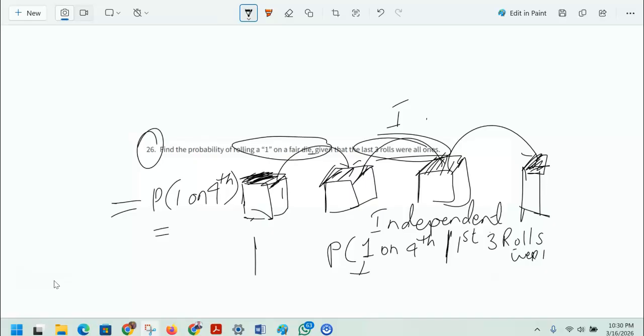So that means a die has got six outcomes. So out of six, you get one, and you're done.